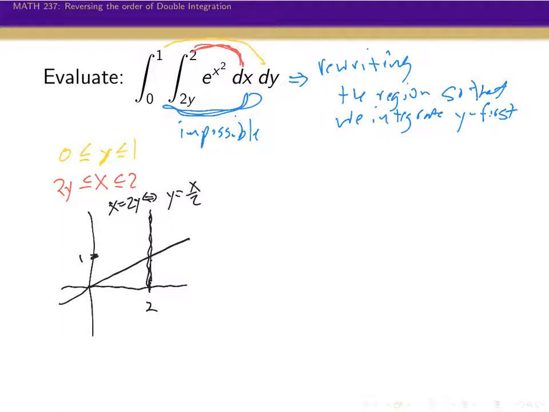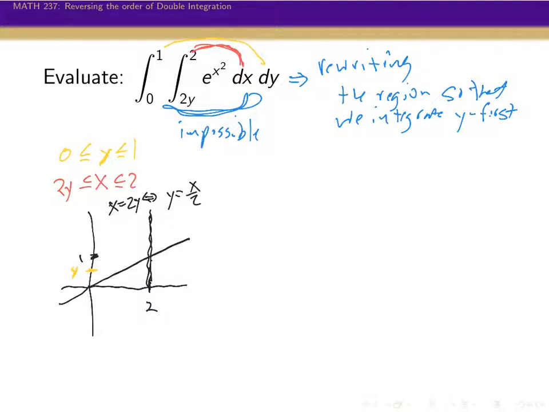Okay, so let's be clear about where the region is here. Really at this point we're kind of undoing what we did in the last video in terms of taking the region and figuring out how to express it in terms of bounds. Now we have the bounds and we're trying to figure out what the region is. The y bounds are saying pick a y between 0 and 1.